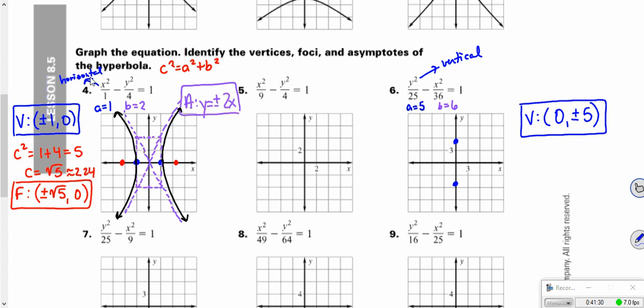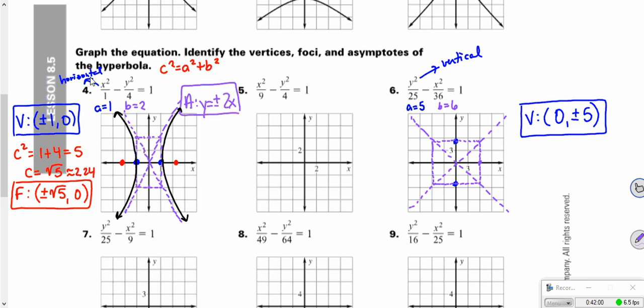That's my vertices. Now let me go ahead and do my asymptotes. Remember, left and right 6 are going to be my asymptotes, so this is going to be my asymptote box. Here are my asymptotes.